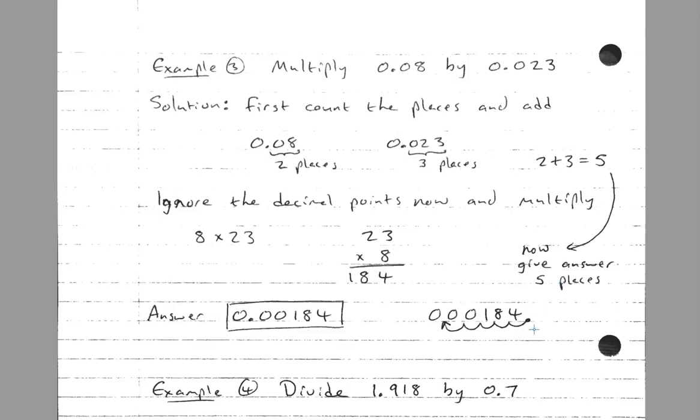So move the decimal point to here. Okay, so the answer has 5 places. Here we added some insignificant zeros to the left. So 0.00184. That's the answer.